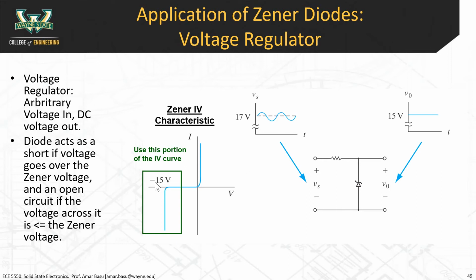Well, one way to deal with variable supply voltages is a Zener regulator, a voltage regulator. The general concept of a voltage regulator is that whatever voltage you have coming in, it doesn't matter, you will have a fixed voltage coming out.